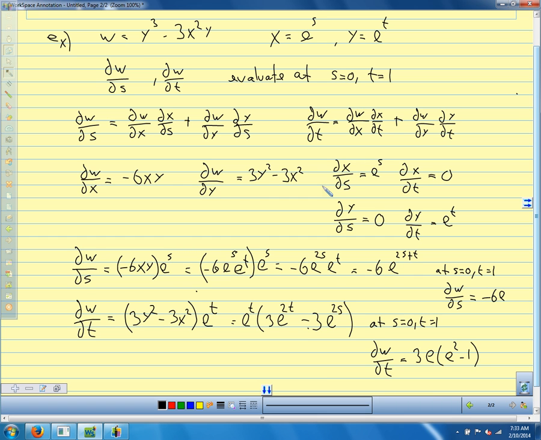All right. Let's look at implicit differentiation, how we can simplify implicit differentiation with partial derivatives.